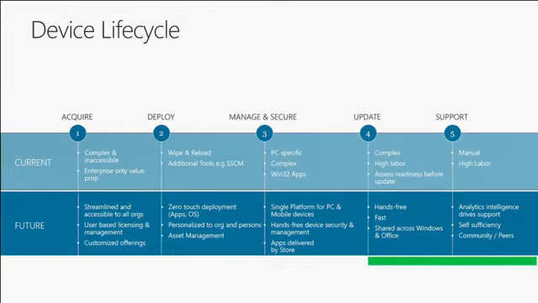A few more things to think about with the device lifecycle. Every one of those swim lanes we actually account for as part of being modern IT: how you buy, how you provision the devices, and so on. One thing that is important to keep in mind: while this is showing a very linear progression, in your enterprise you can implement different pieces of this modern IT vision at different points in time.